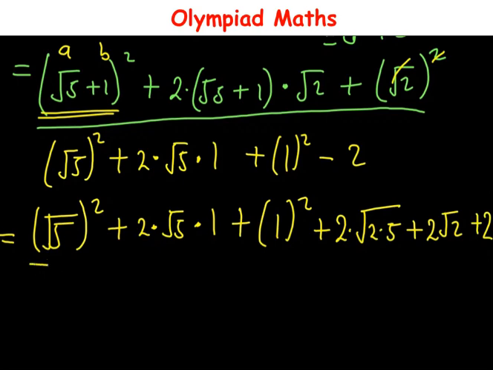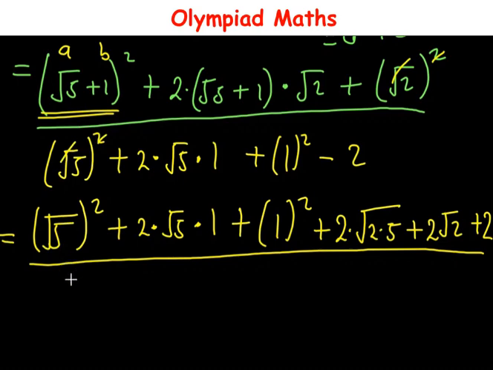All of this is divided by square, we cancel square root, we have 5 plus 2 times root 5 times 1 is simply 2 root 5, plus 1 squared is 1, then minus 2. Okay?